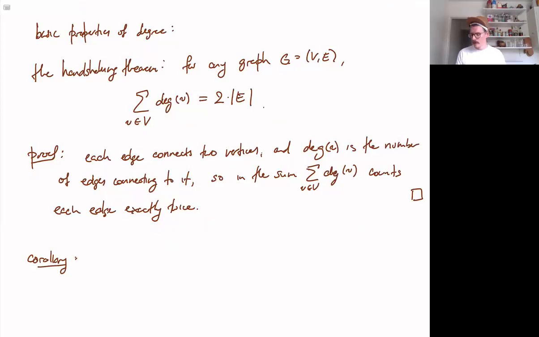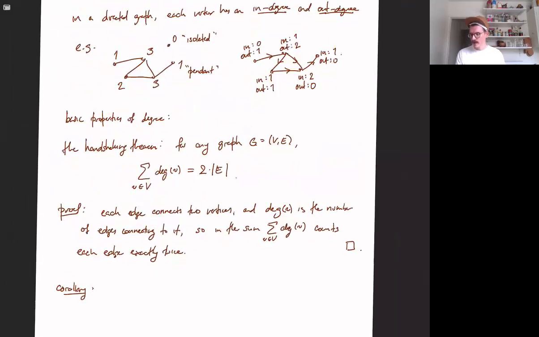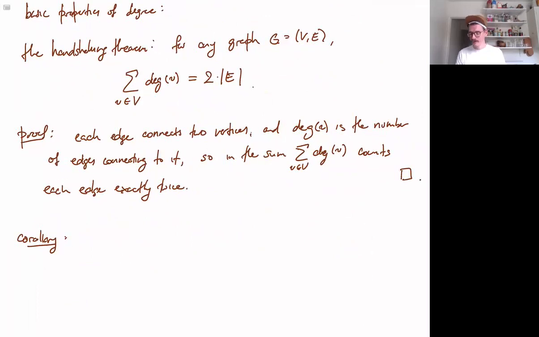If anyone's not familiar, a corollary is just another result that follows relatively easily from something you just proved. So we just proved this handshaking theorem, and as a corollary, we can say that a graph must have an even number of vertices of odd degree.